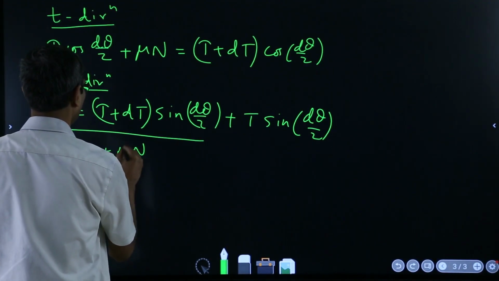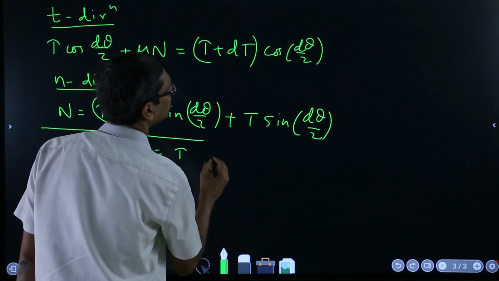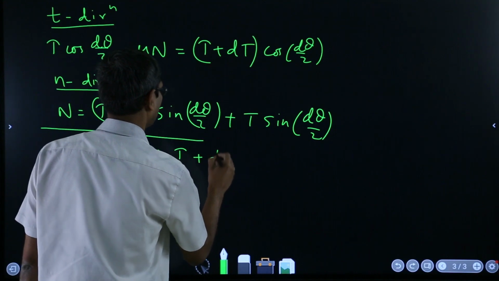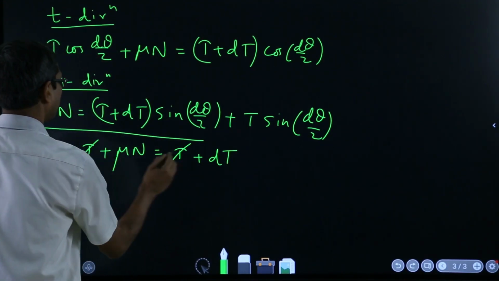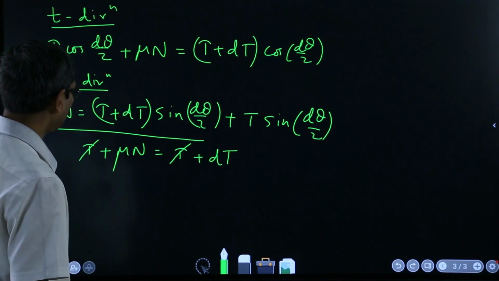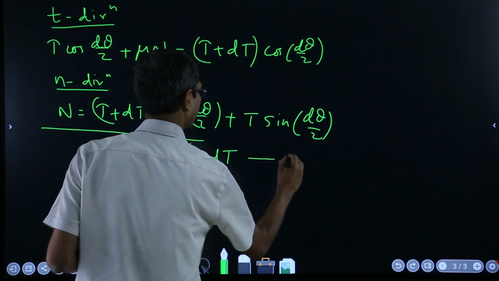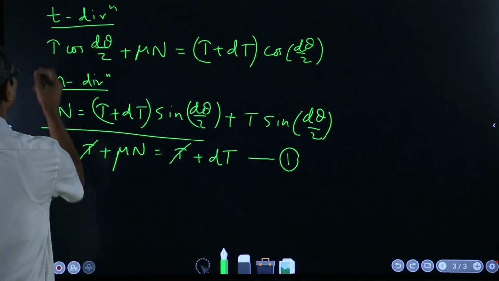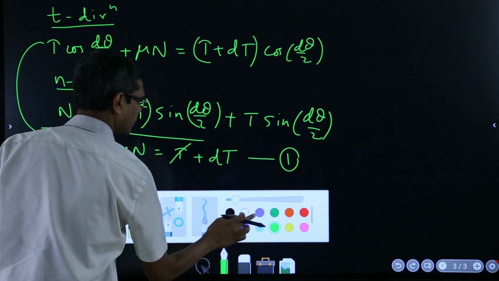So this is equal to T plus dT, okay. So now these two cancel out and you have mu times N is equal to dT, okay. So that's, say, equation number 1, and this we got from here.